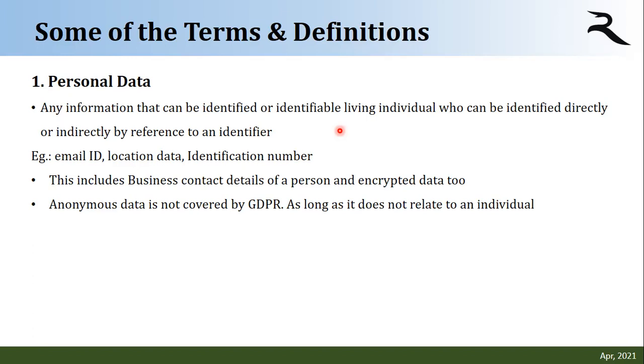But let's say the city of residence may not be personal data because there are millions of people who reside in a city. My date of birth will become personal data. But having said that, date of birth alone may not be, because there could be many people who were born on that particular day. So date of birth along with something else, as a combination, could become personal data.